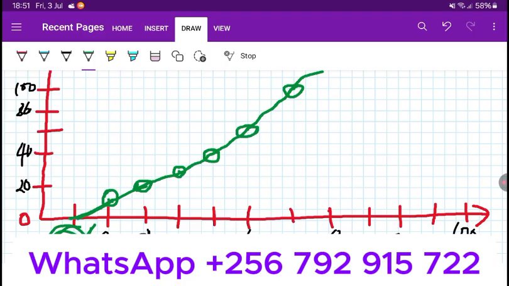Now this one, we shall use it more often when we are dealing with the measure of dispersion, where they can tell you to find the median and other aspects.